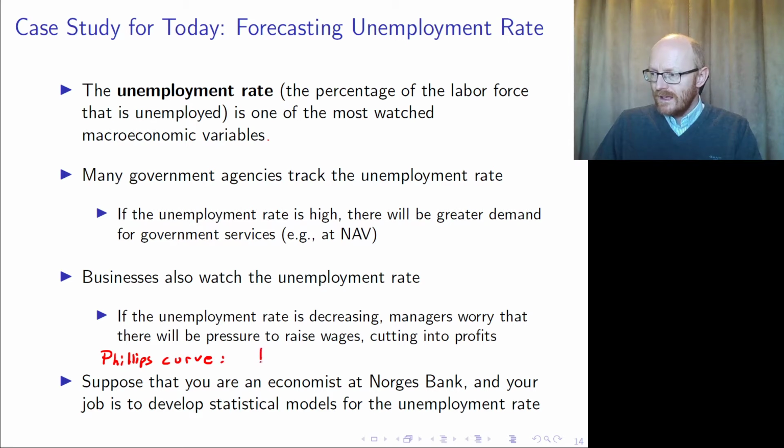So this has inflation on the y-axis, and unemployment on the x-axis, and you have this downward sloping relationship, whereas if unemployment is high, then inflation is low, and if unemployment is low, then inflation is high.